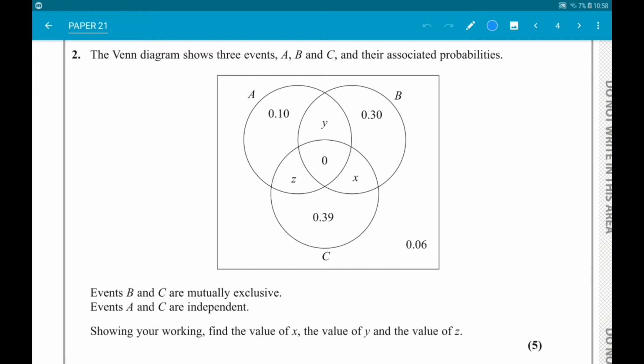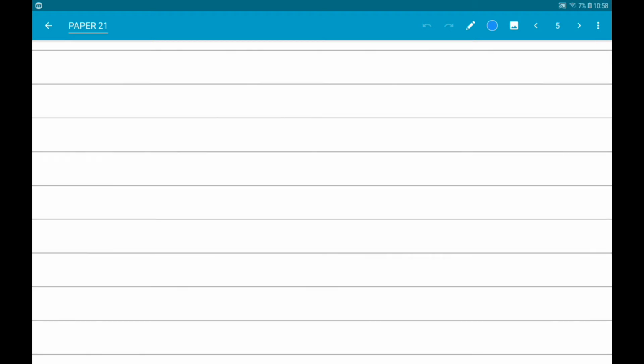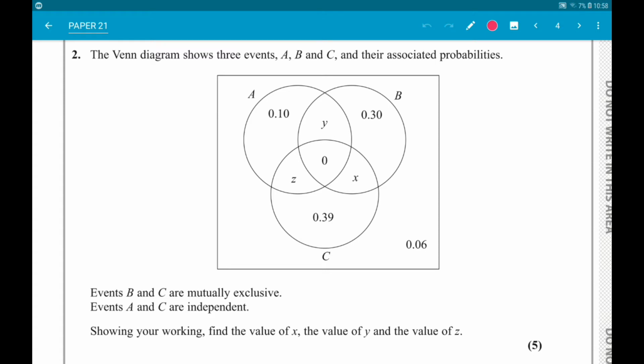Okay, x is easy because there is no overlap to B and C, so x is 0. Okay, so not so easy from here. So what else do we know? Well, we know that probability altogether has to add up to 1.